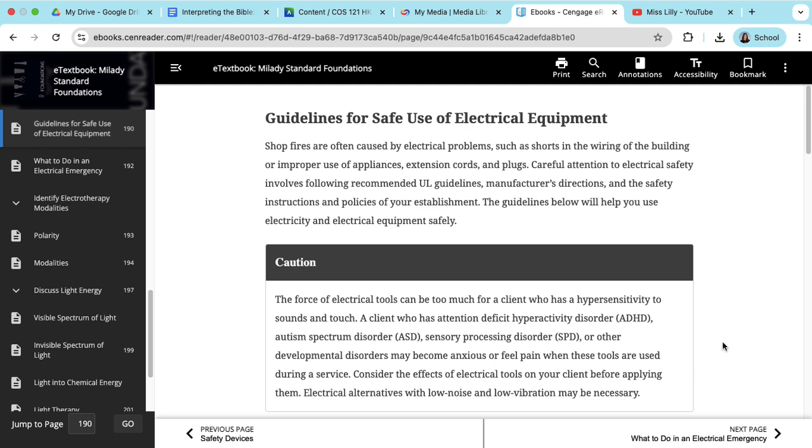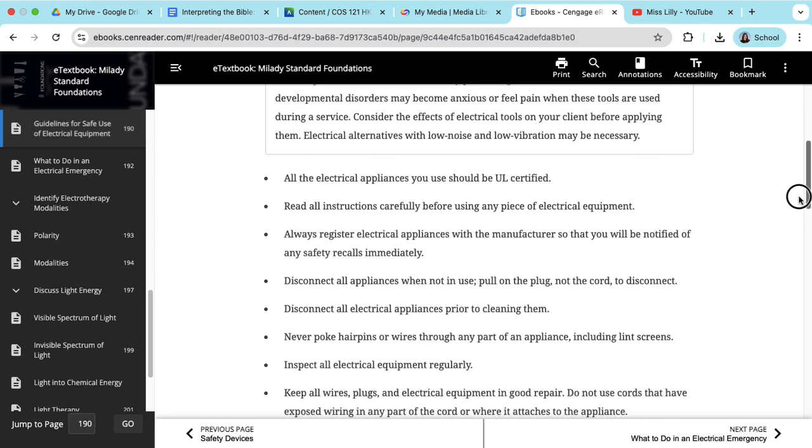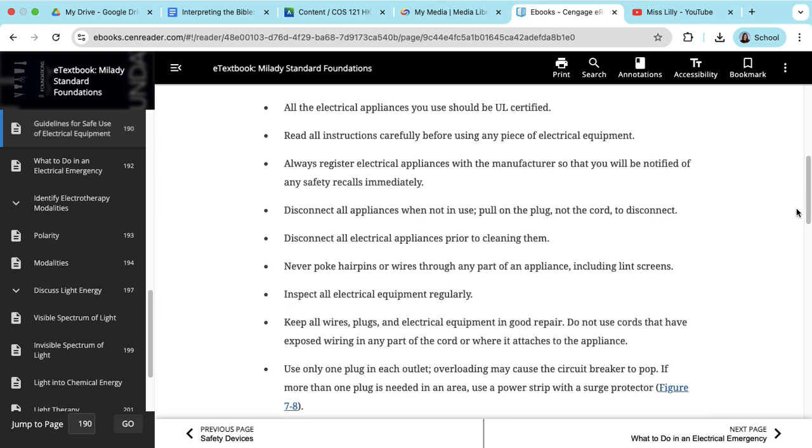Guidelines for safe use. Our guidelines are going to be the following. For them to be UL certified, we have to read the manufacturer instructions. We have to register our appliance.